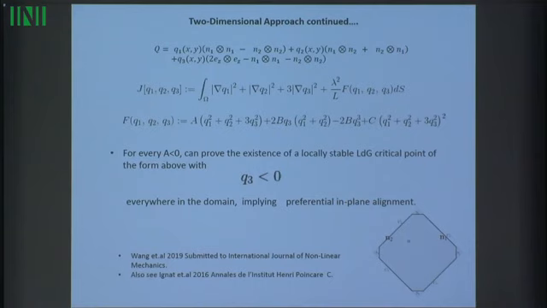Now the first thing that we have proven, which is now submitted to a journal, is that for every A less than 0, we can prove the existence of a locally stable, physically relevant Landau-de Gennes critical point, which has negative Q3 everywhere in your domain. So you could ask me, why is that important? Why do you need negative Q3?